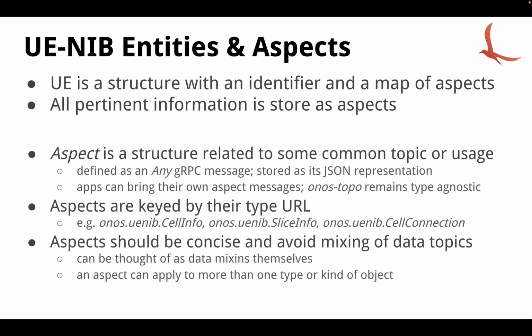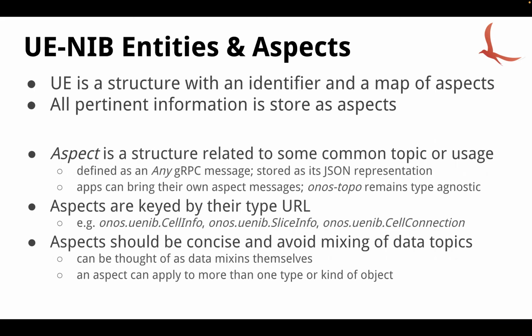So basically all the pertinent information is stored in aspects outside of the ID. There is no type, there is nothing else. There's clearly no differentiation like with topology, where we have the entities and relations. There's no such thing here. It's just the UE itself and all of its aspects.